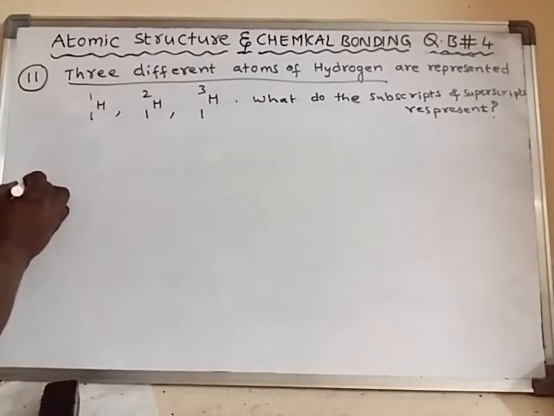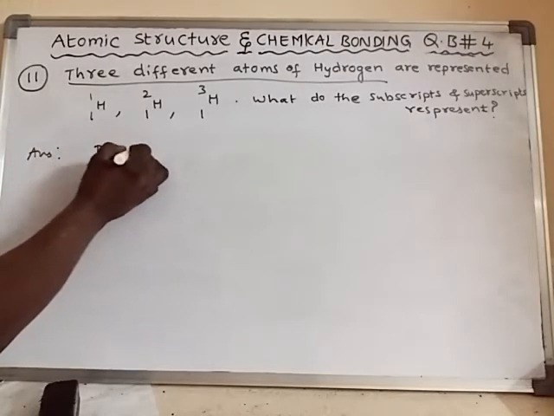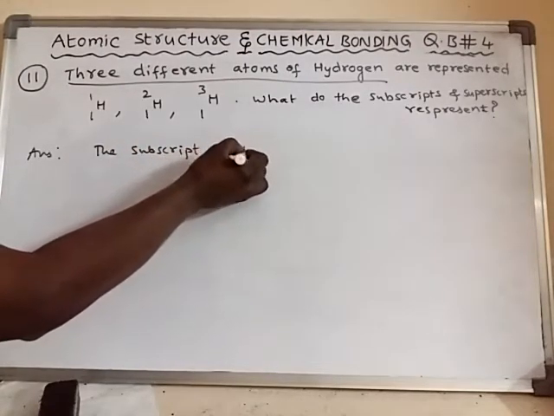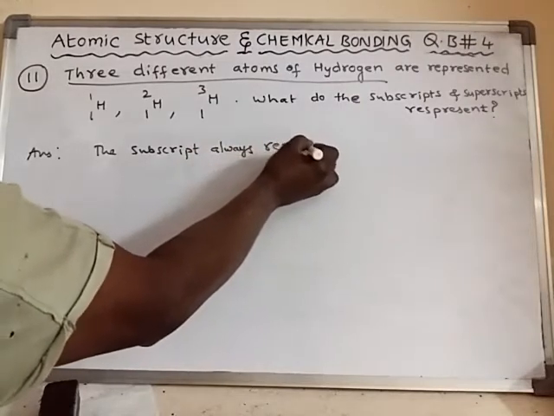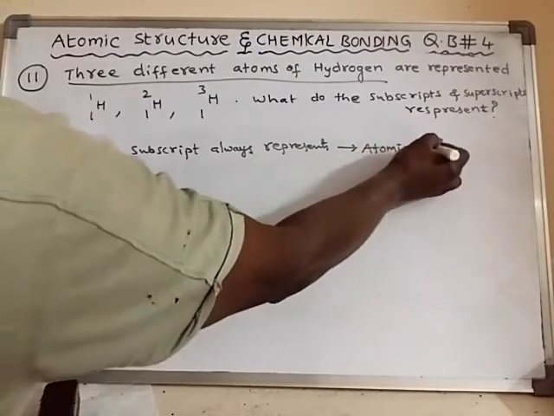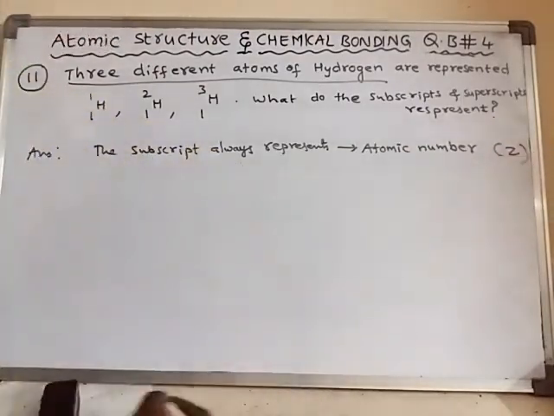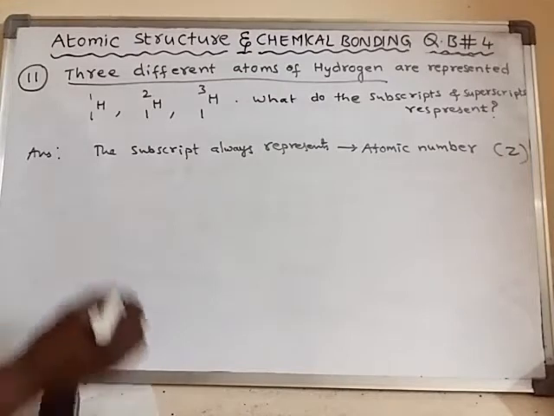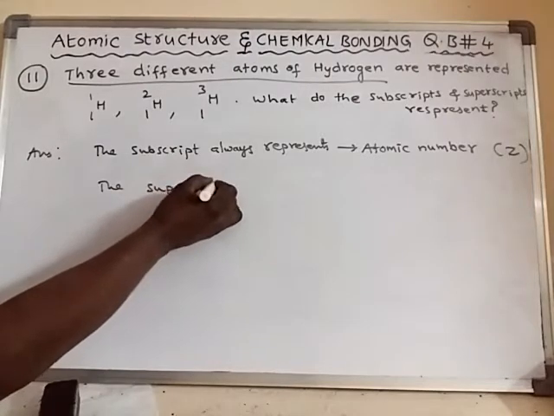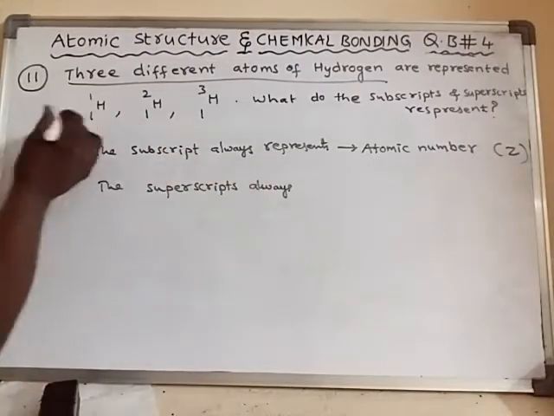So what is the answer to this one? The subscript always represents the atomic number. The atomic number is generally denoted with Z. And the superscript, what does superscript mean?